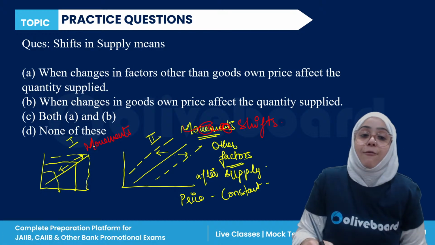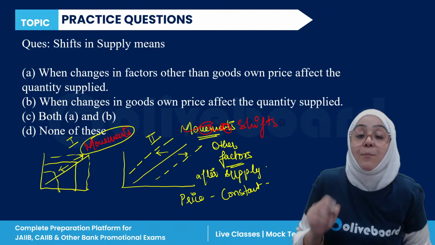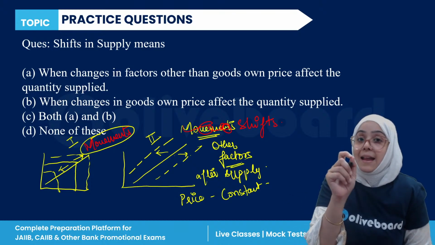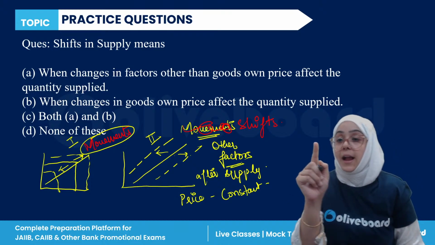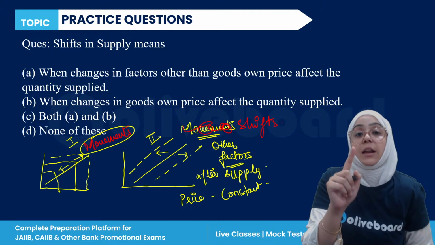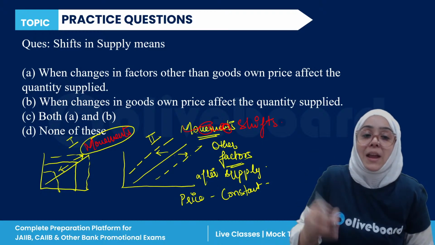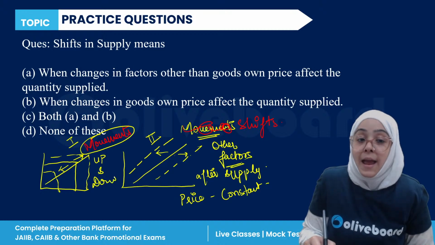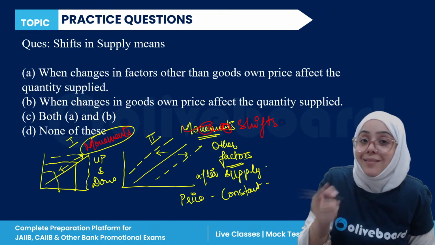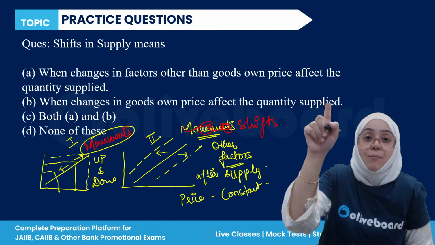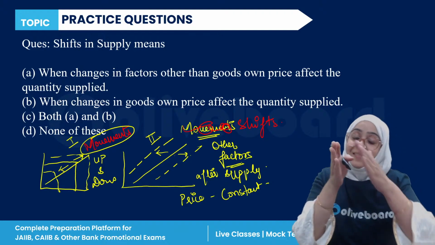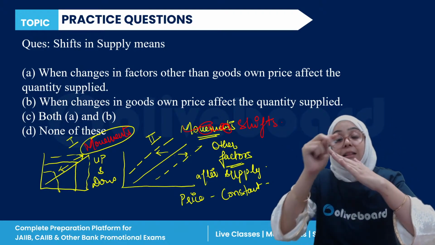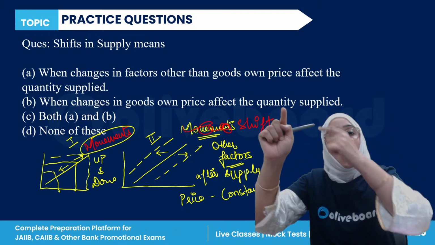First of all, if we talk about movement, in movement the supply curve is not going either rightward or leftward. It is just moving either up or down, okay? When the movement is concerned, meaning upward movement or downward movement, the supply curve is the same.